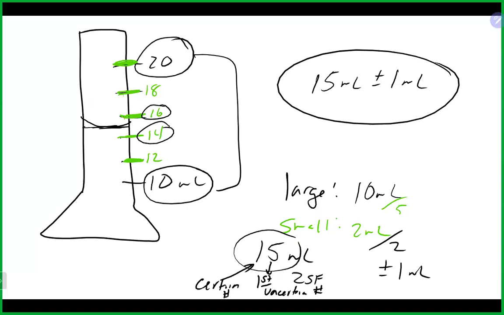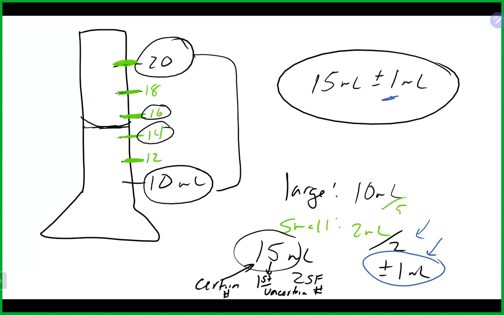And what this tells you, by the way, is if you look at a scale on a piece of equipment and you're not sure how far you should take the reading, but you are sure of what the large markings represent and what the small markings represent, if you are 100% sure of what each of the small markings represent, all you have to do is divide it by 2 to get your uncertainty, and it will tell you how far you should take your reading.